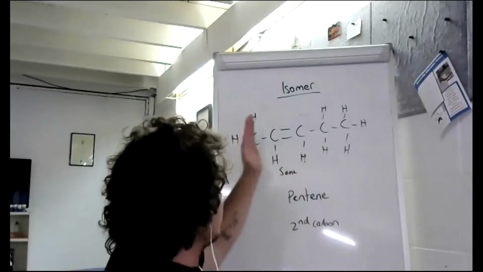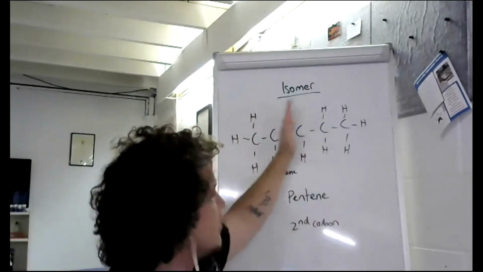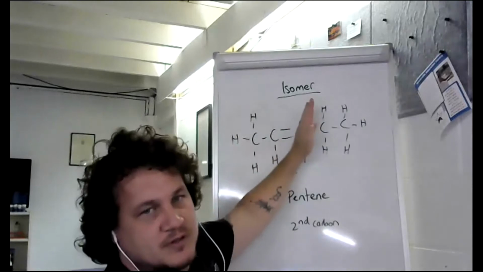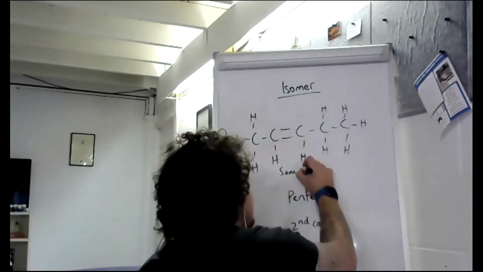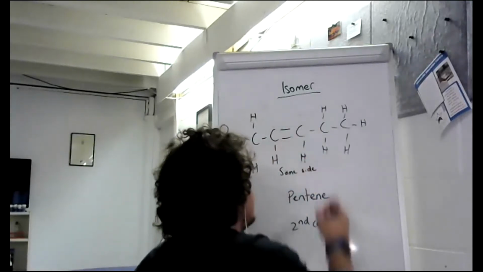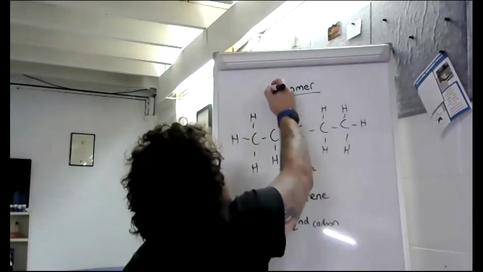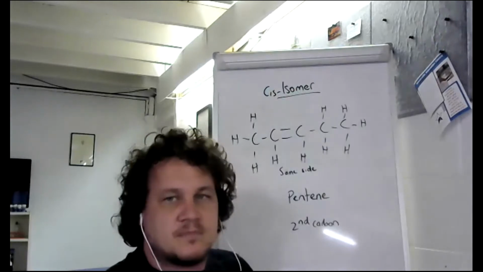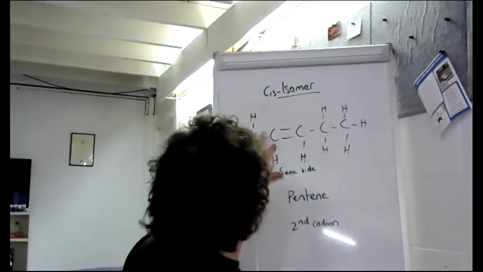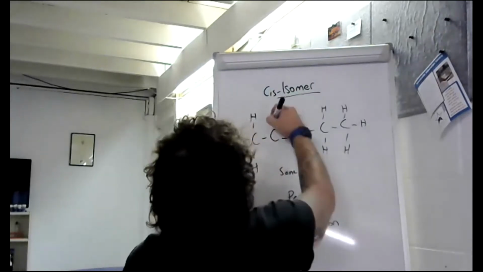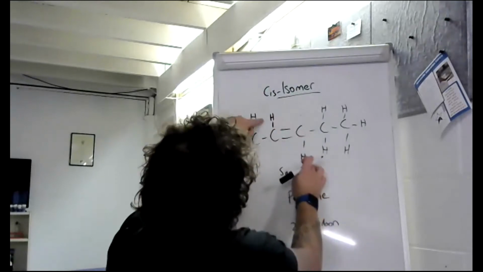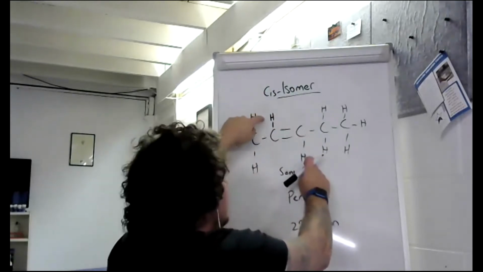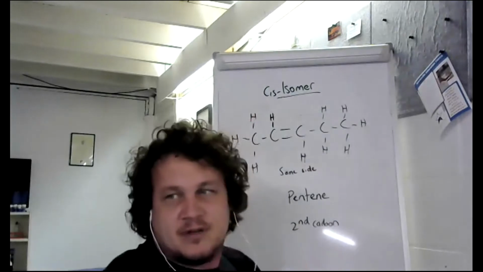Now we're only looking at the hydrogens on the carbons with the double bonds. They're on the same side. So this is the cis isomer. If the hydrogens were on opposite sides, here and here, it would be the trans isomer.